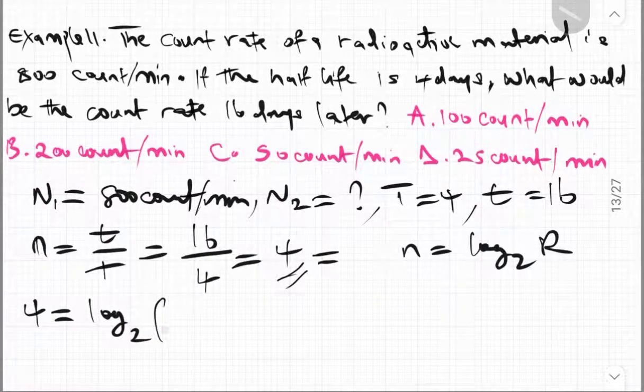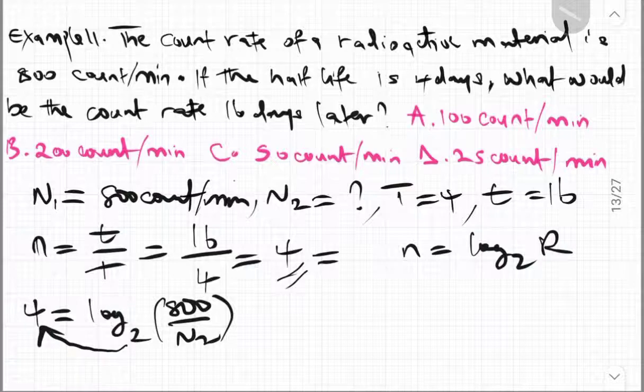Of course, we know that r is actually n1 over n2. In this case, n1 is 800 counts per minute, and we don't know n2. If we raise 2 to both sides, that means we raise 2 to the 4th power, using the logarithmic law.